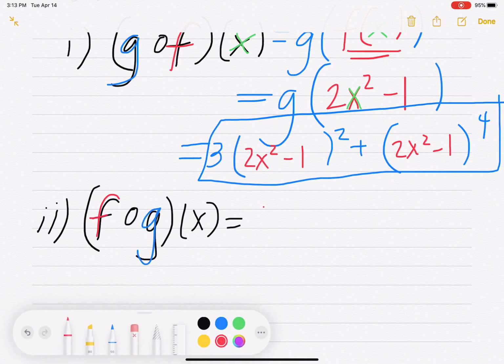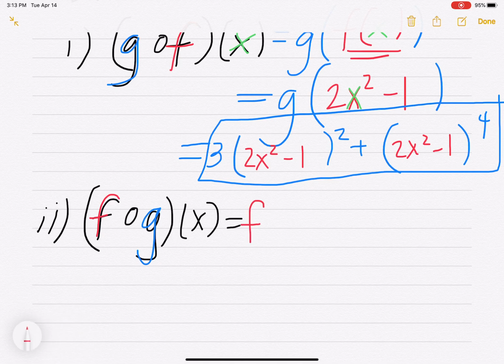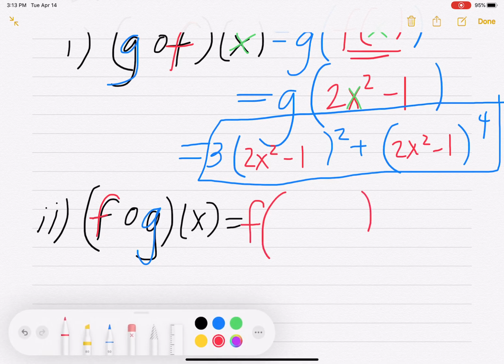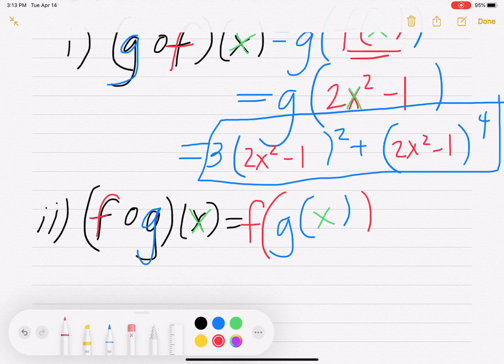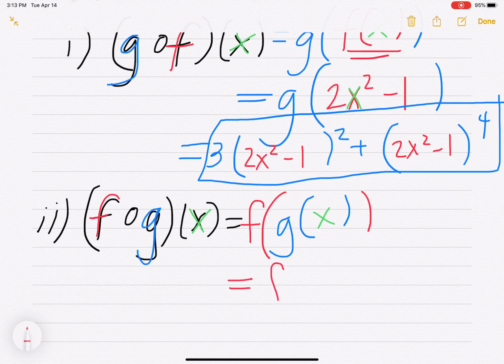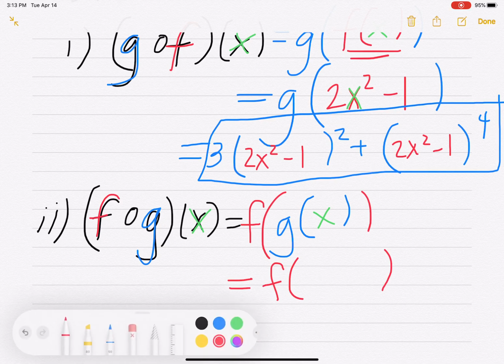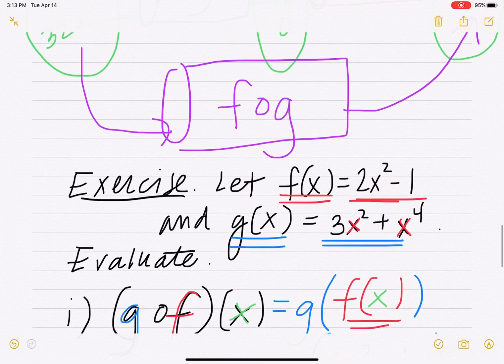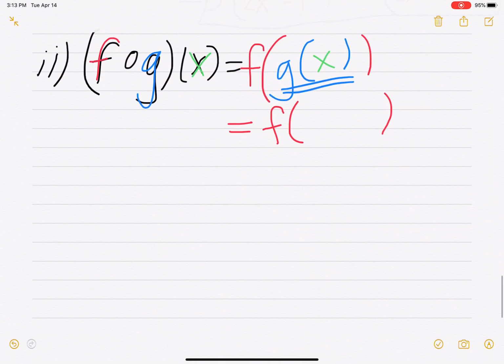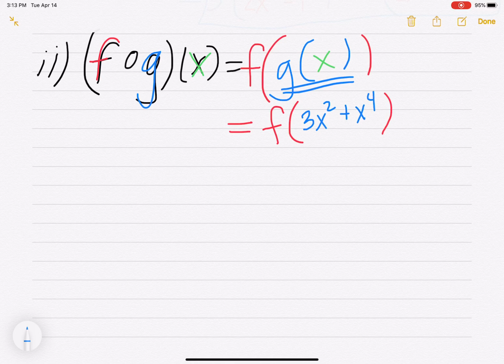So what we're going to write is F first, of, and then in parentheses, G of, and then in parentheses, green X. Now, because the red is first and on the outside, we're going to leave it alone for now. And we're going to focus on the G of X in blue. Remember what G of X was? The G function here was 3x squared plus x to the fourth. So I'm going to put in place there 3x squared plus x to the fourth in the parentheses.